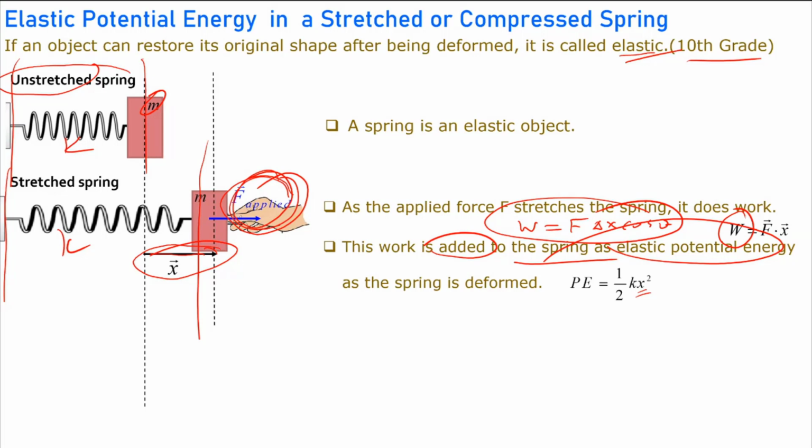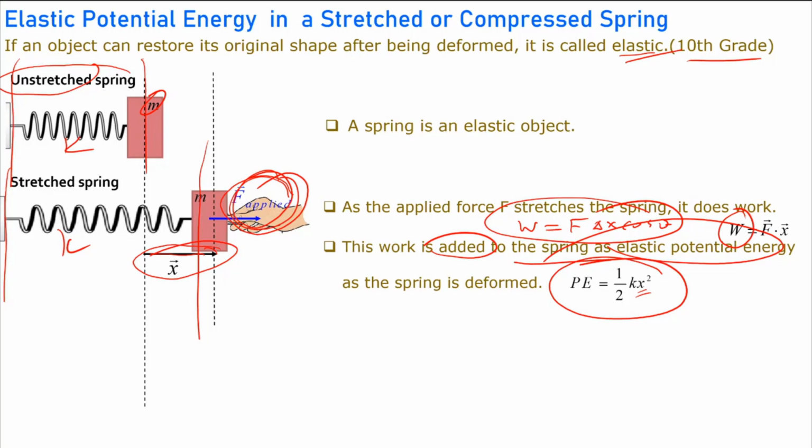So keep in your mind, if you are changing the shape of an elastic object, you should apply some force. This force must do some work. This work will be added to this elastic object as elastic potential energy. And for a mass-spring system, this elastic potential energy is calculated by 1/2 kx squared.